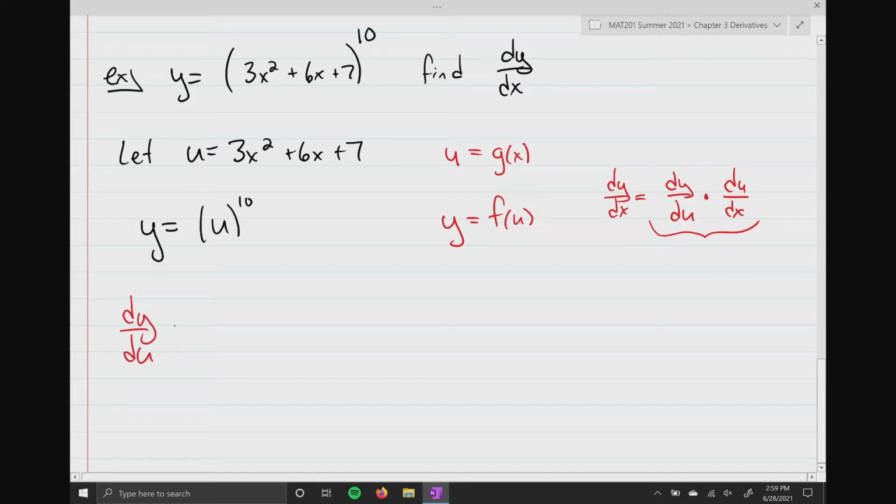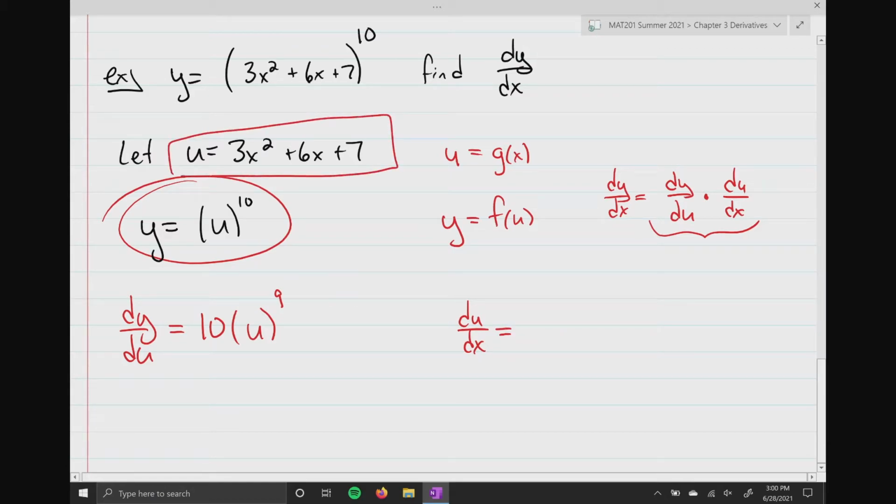Well, that's going to be the derivative of this function right there that I just circled. So that's going to be 10 times u to the 9th power. Now I'm going to find du dx, which is going to be the derivative of the function right above it, which is u equals 3x squared plus 6x plus 7. So the derivative of that is going to be 6x plus 6.